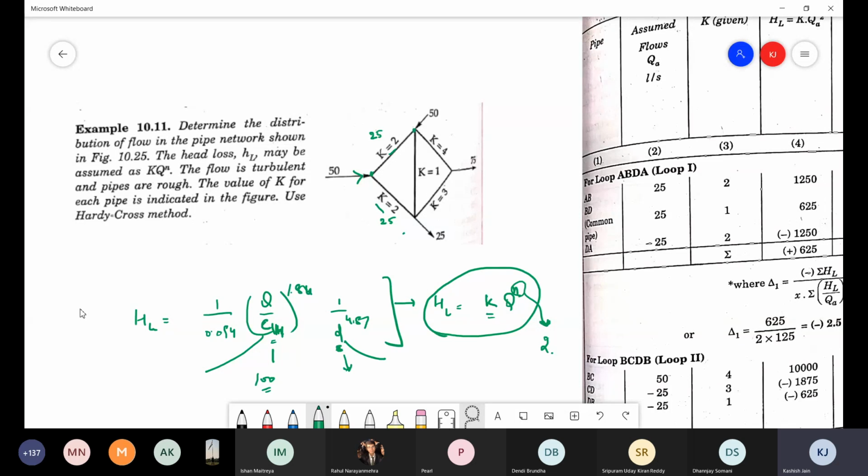Coming at this particular junction, 25 is coming from here, 50 is coming from here. Something has to go over here and something has to go over here. And make sure that no pipe is left empty, because if the pipe is existing, that means some flow needs to be passing through that particular pipe. Okay. So we need to now see how much flow to be sent over here and how much flow to be sent over here.